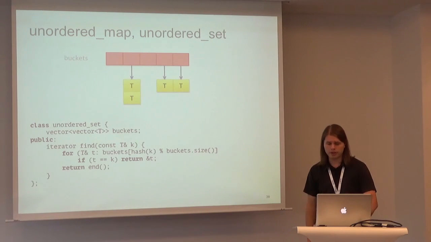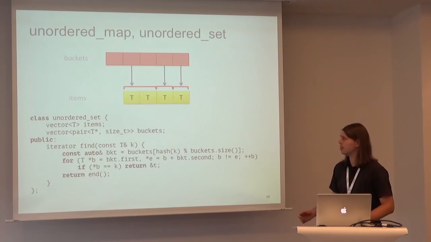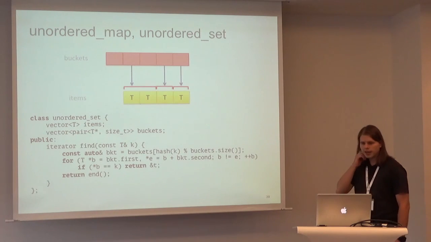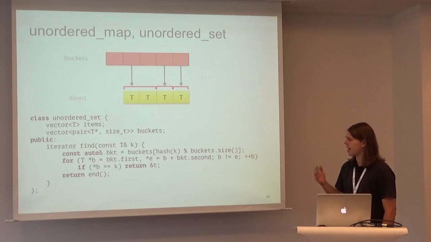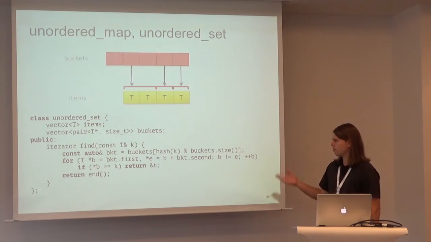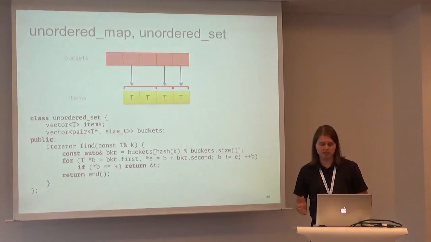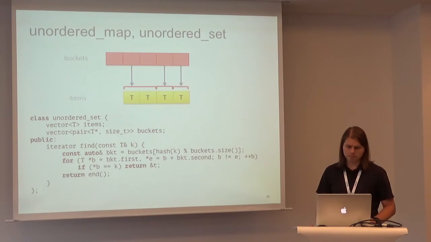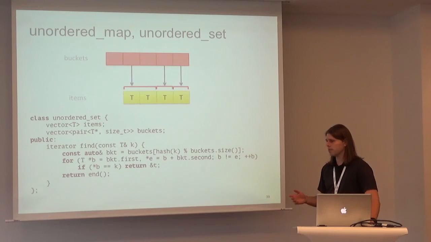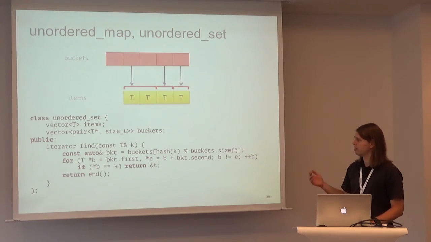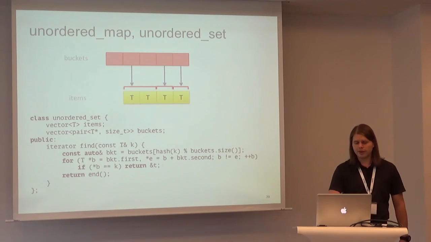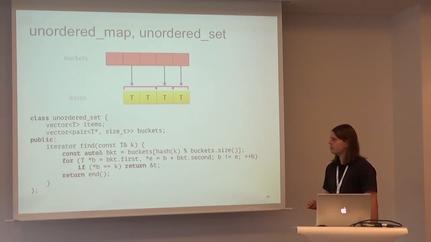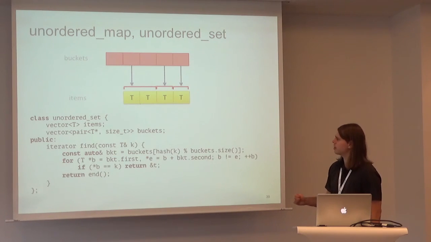So we can flatten things a little bit and store all elements in one contiguous region of memory and keep track of the buckets, storing pointers to the beginning and the size, the count of elements of the bucket. So our find routine changes just a little bit, and our iterators simplify dramatically, so they're essentially iterators to the vector. And we can save a little more space by recalling that the buckets are placed sequentially as well.